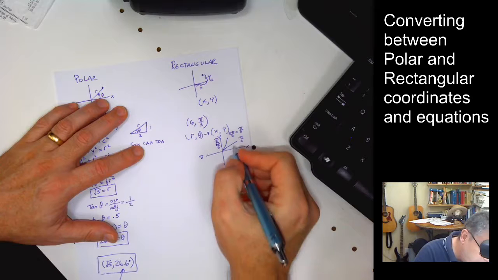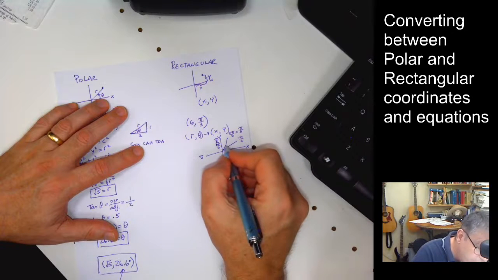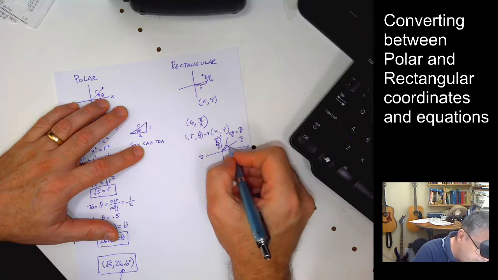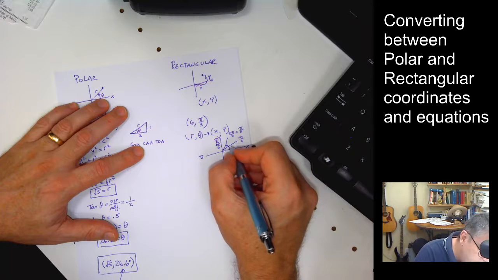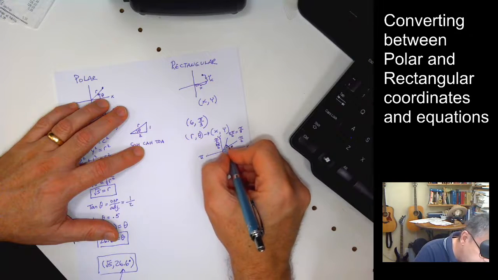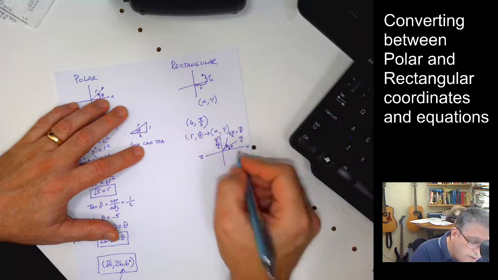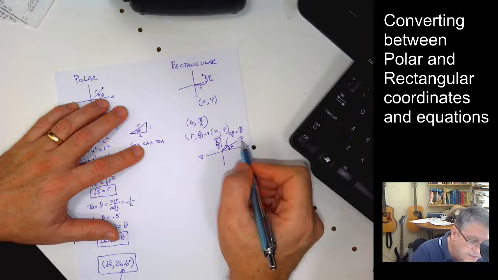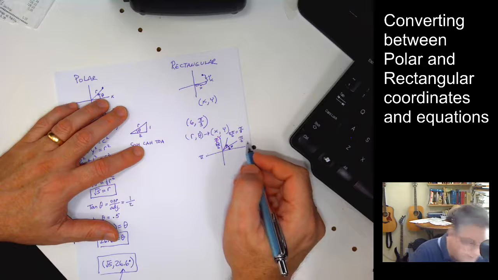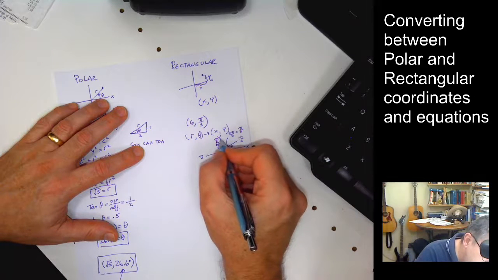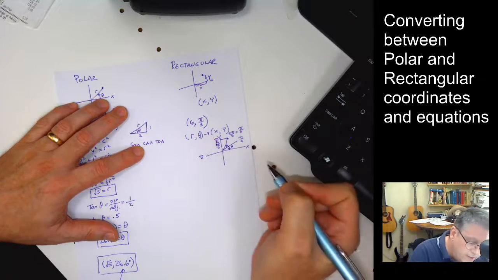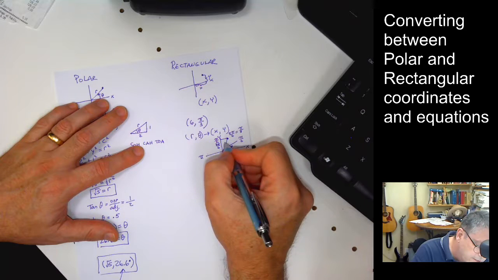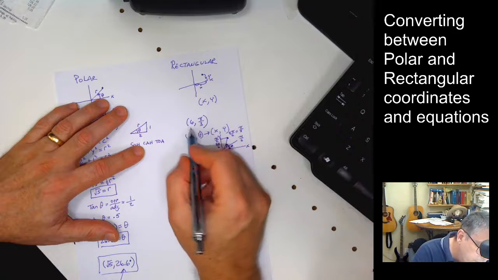So what do we already know right here? What's theta? What is theta for this angle? Well, we know that when we're on sixths, they're 30, 60, 90 triangles, right? So we're going to call that length 6, because that's what the r is.